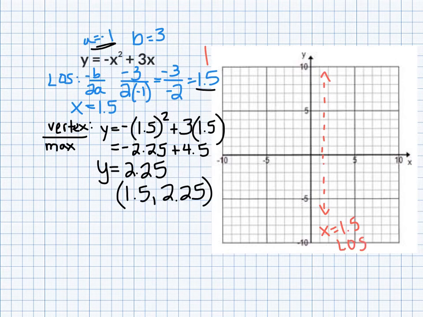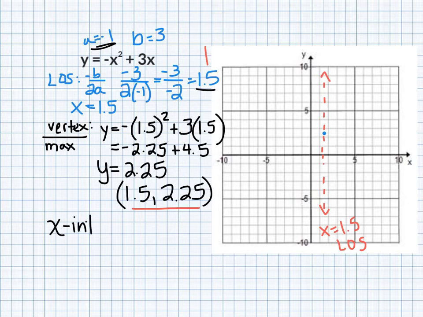Okay, here's this point, 1.5, 2.25. I'm going to put that in blue, but it's a little bit above 2. Not that far above. And I'm going to make it a little bit bigger so we can see it a little bit better. So it's a little bit above 2, right about there. Okay, close enough.